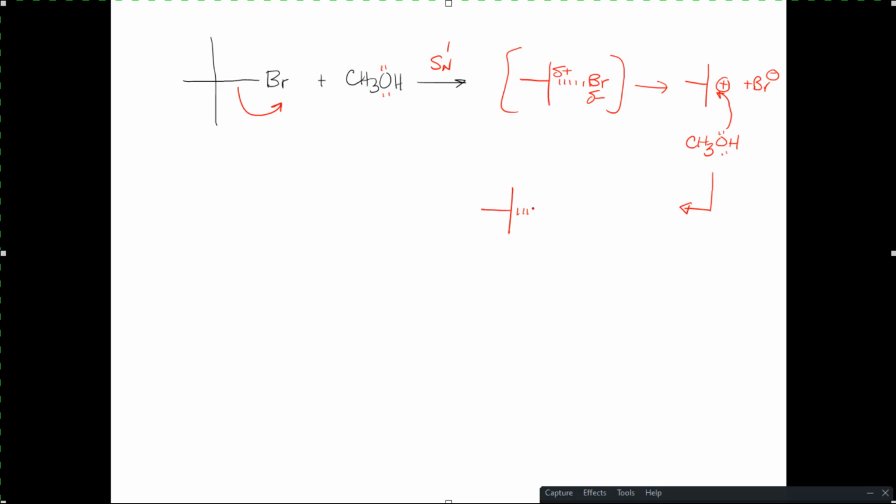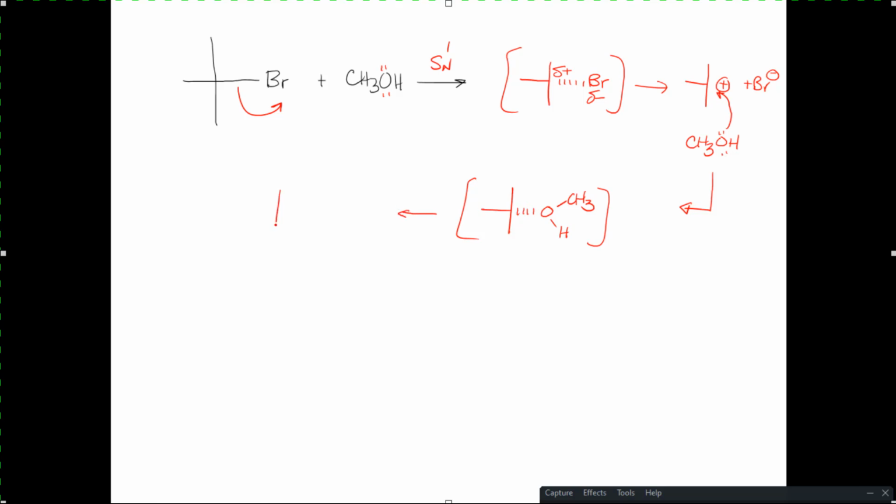I'm going to have a partial bond from the carbon to the CH3OH molecule. I should make this point: notice that in the transition states, there's never any lone pairs. So this would be the transition state of that reaction as the oxygen is donating the lone pair to the carbon.